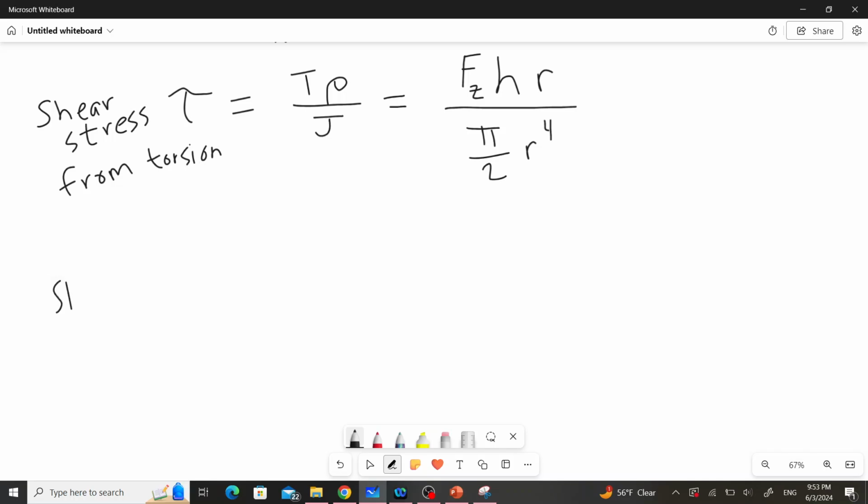Now we need shear stress from the transverse loading. So this will be our transverse shear.